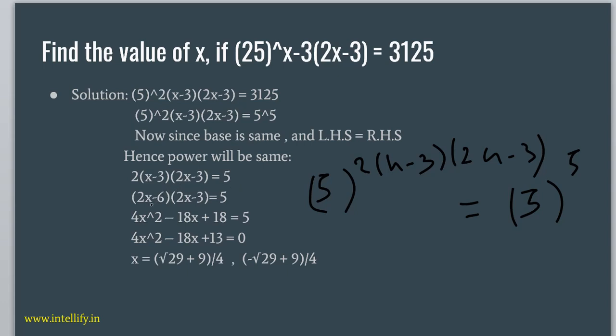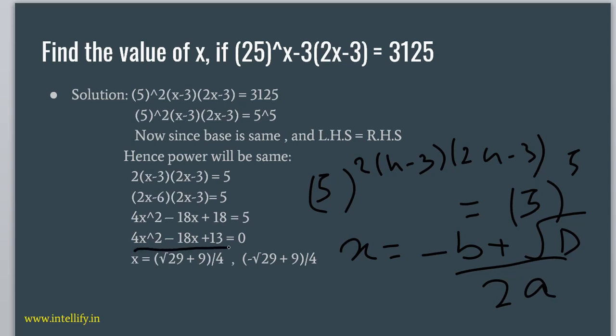Now simplifying this equation, we will get 4x square minus 18x plus 30 equals 0. Because this will not form a perfect square, for finding the value of x we will use x equals minus b plus minus under root d by 2a.